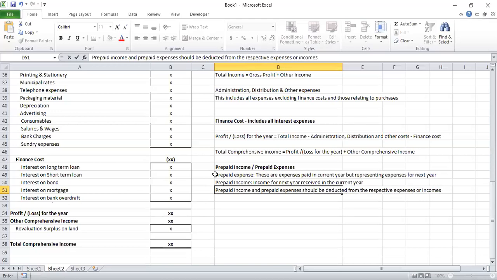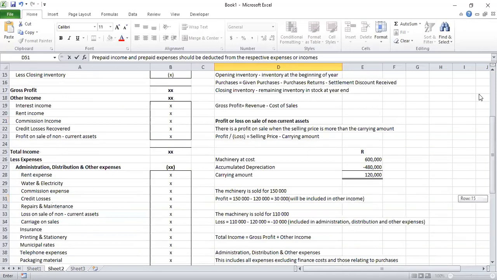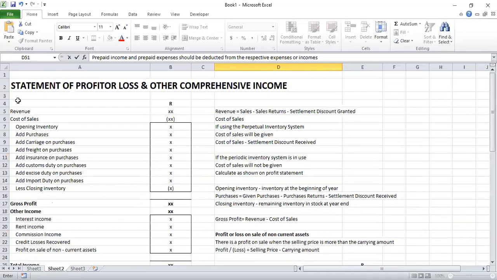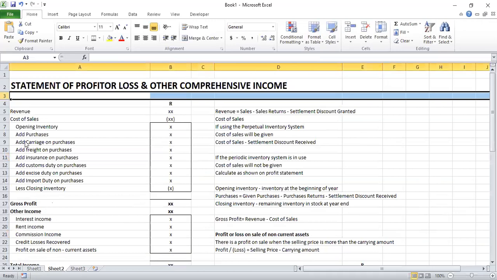We are saying they don't belong to the current year, although they were received or paid in the current year. So when we're preparing our profit or loss, we should take them out. Why? Because our profit or loss is for the year.